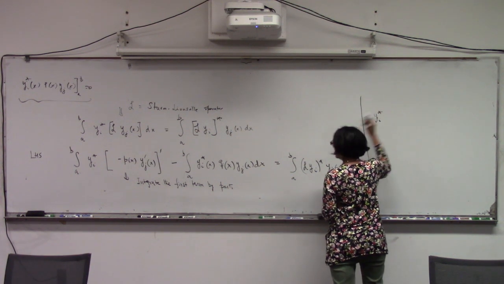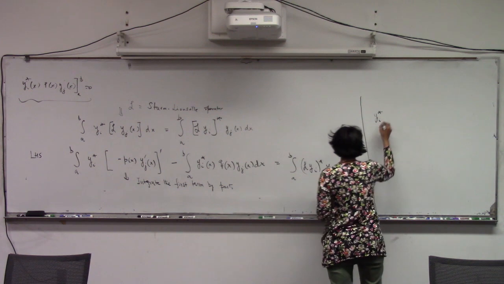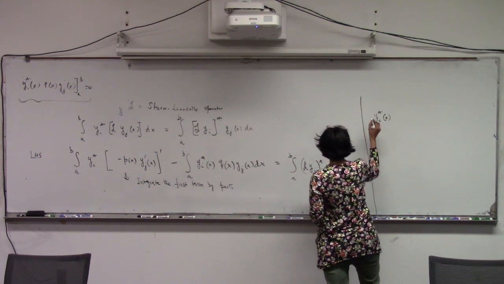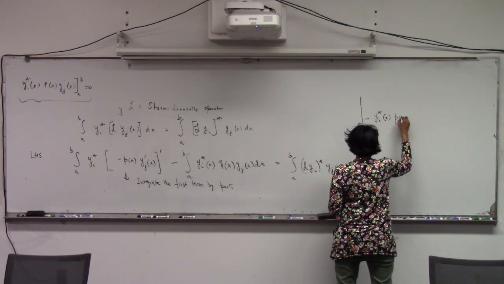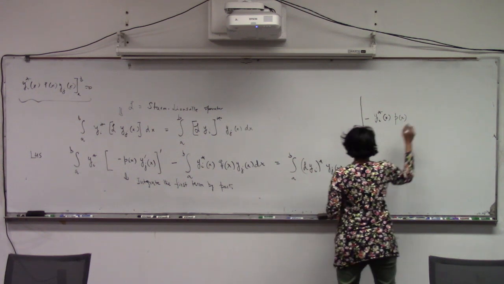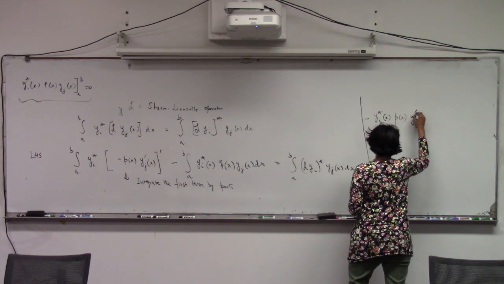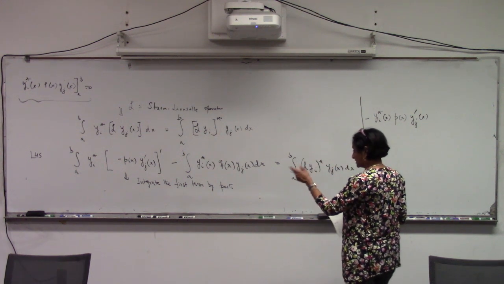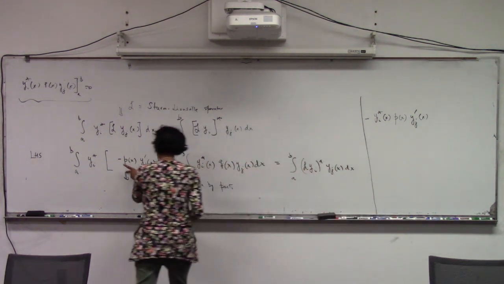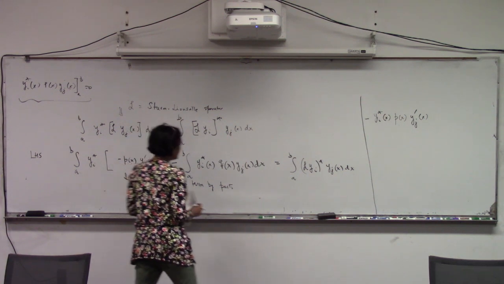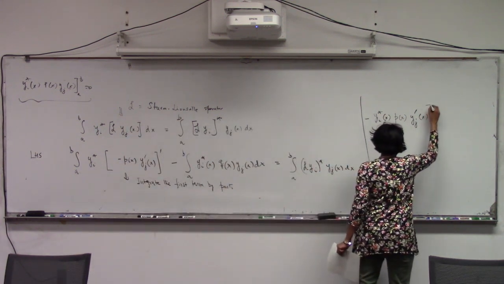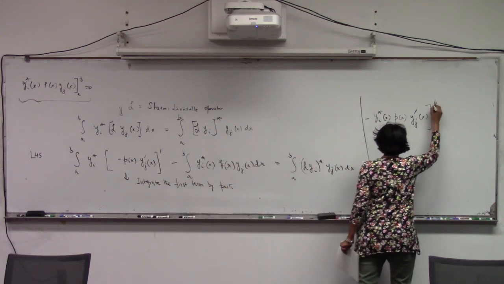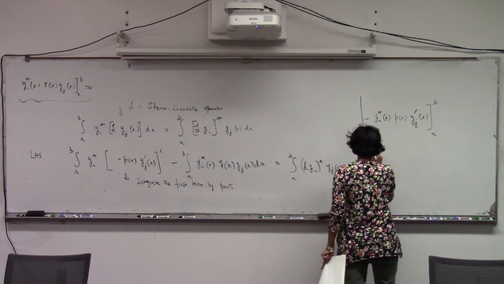Yi star, complex conjugate, x, negative p of x, first derivative of yj, okay, that is the first term. I integrate that, and the other one I take as such, and I have to evaluate this between a and b, and then I can have one more term, right?